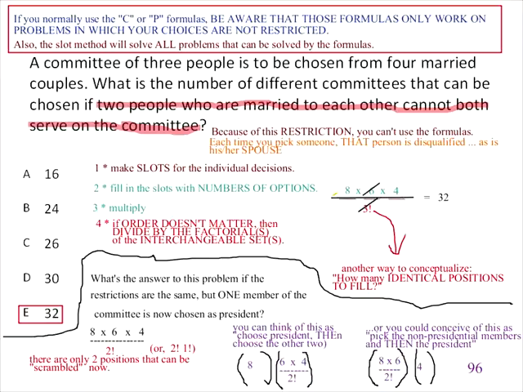So the other way you could think about this is to get to 32 as before. But then in each of these committees, in other words, in each of these possibilities, there are 3 possibilities for this situation. Because when I pick 3 people, I could designate any of those 3 as president. So yes, that totally works.